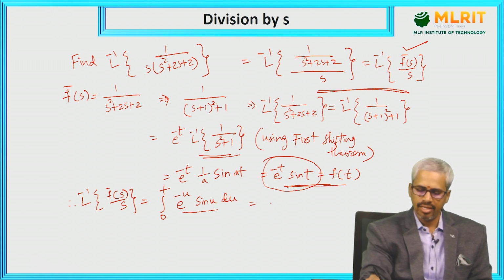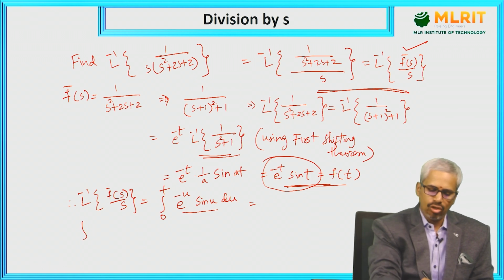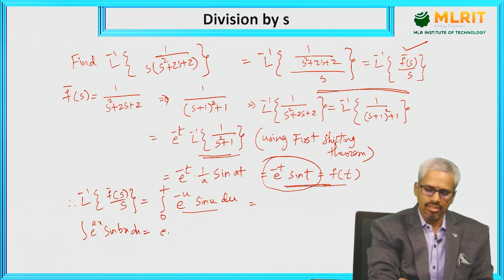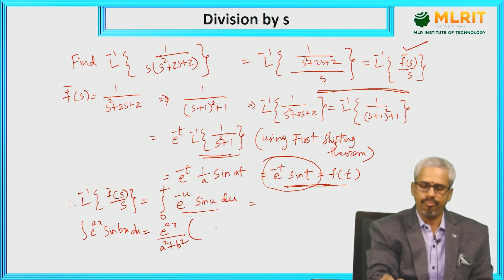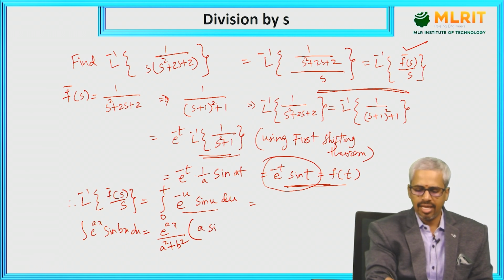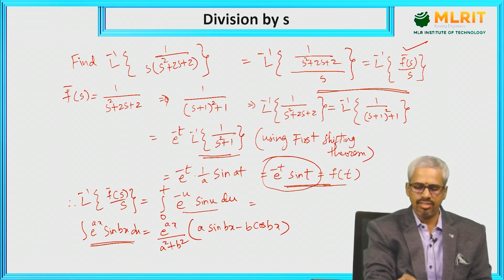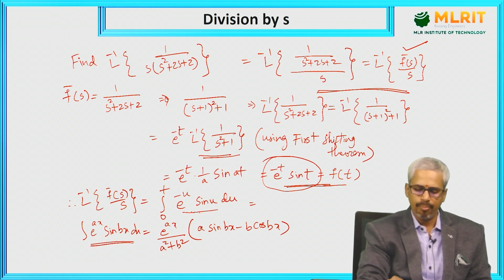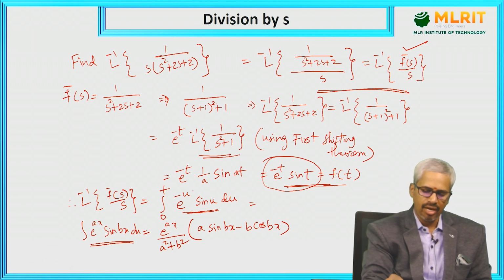So, what is the integration of e power ax into sin bx dx? The formula is e power ax upon a square plus b square into (a sin bx minus b cos bx). This is the formula to evaluate this integral. You compare these, and what is a and what is b here? e power ax, here e power minus u.